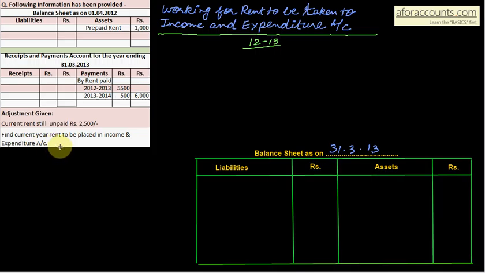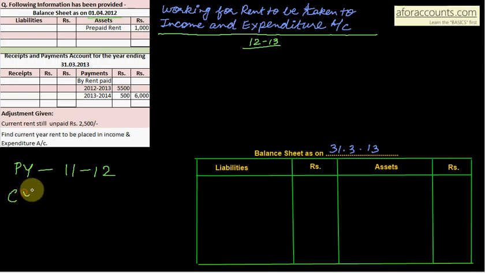So the first thing that you will do is find which is the current year, previous year and next year. My previous year will be, look here, the balance sheet of 1/4/2012 is given. That is your opening balance sheet. So 11/12 is your previous year.